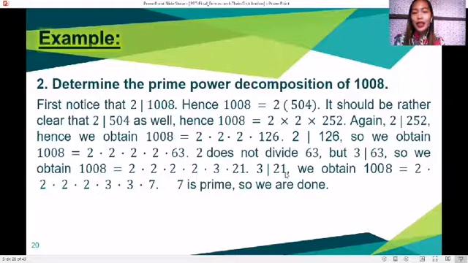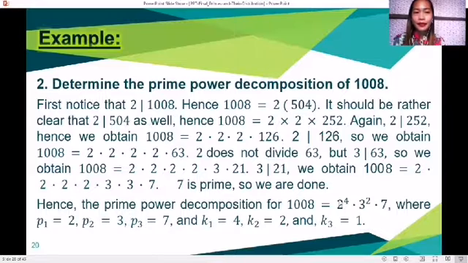3 divides 21. We obtain 1008 is equal to 2 times 2 times 2 times 2 times 3 times 3 times 7. 7 is prime, so we are done.